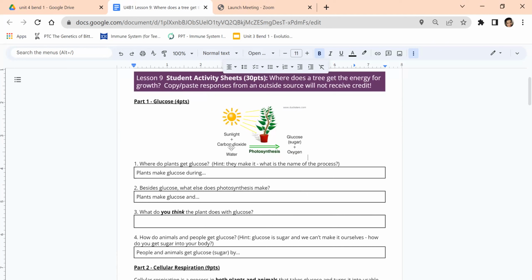Okay, so we know that plants do this process all the time, but plants also need glucose for energy. So let's look at how that glucose that the plants make is broken down to produce the energy that plants and animals and humans need.